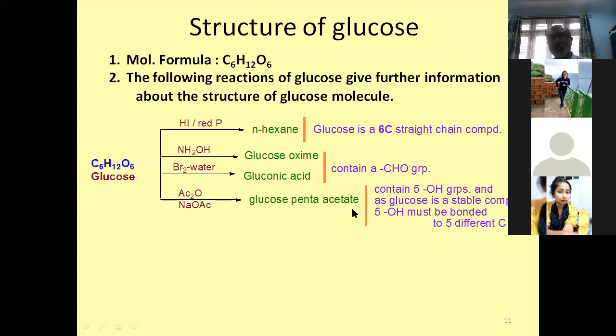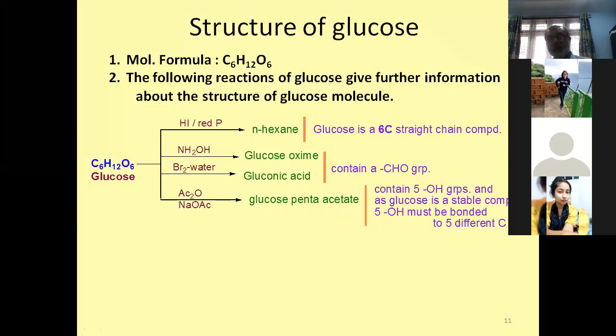So from the quantity of acetic acid formed, we can estimate what equivalent of acetic anhydride has reacted with the glucose molecule, and we find that 5 equivalents react, because it gives you pentaacetate. So what does it show? That it contains 5 OH groups.